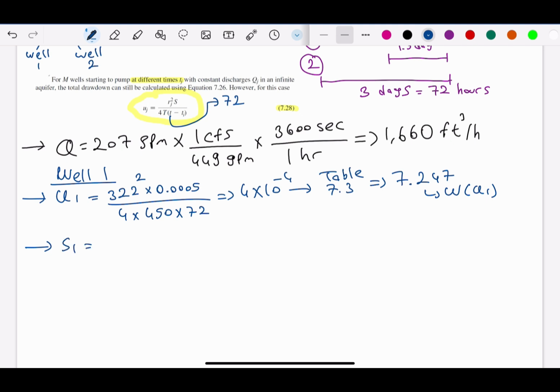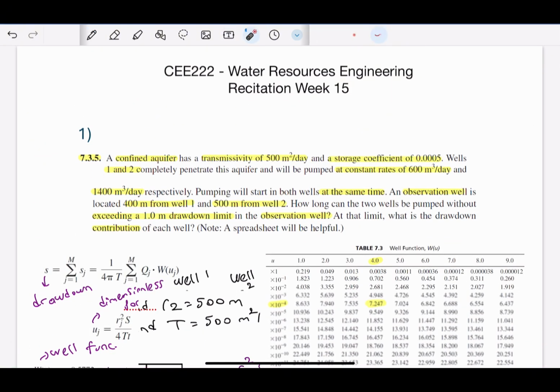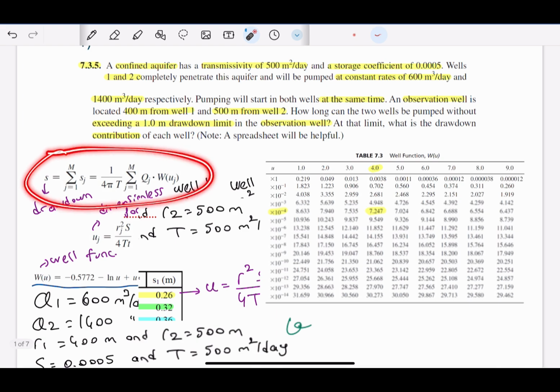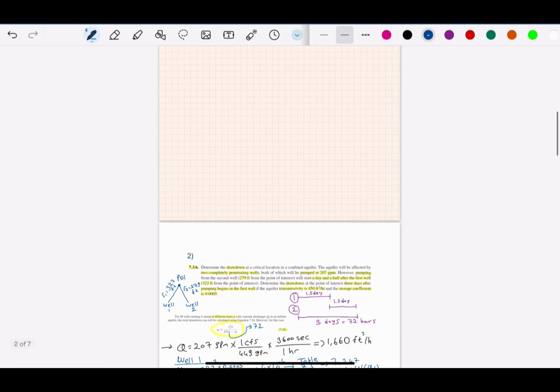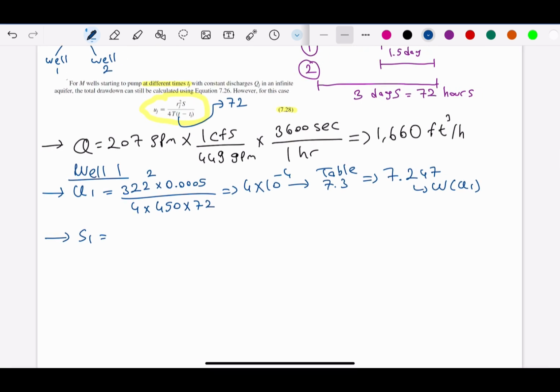And now we can calculate the drawdown, which is the same equation we used here. So S1 is equal to 1 over 4 pi T, which is transmissivity, times flow rate, times well function.